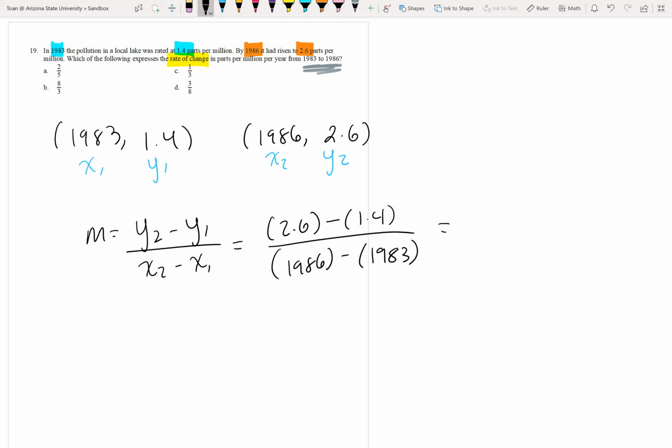And then you just do math. So 2.6 minus 1.4 is 1.2 over 1986 minus 1983 is 3. So that is going to be 0.4. Now notice none of the answer choices are in decimal form. You should know that 0.4 as a fraction is 2/5. So that should have been the answer.